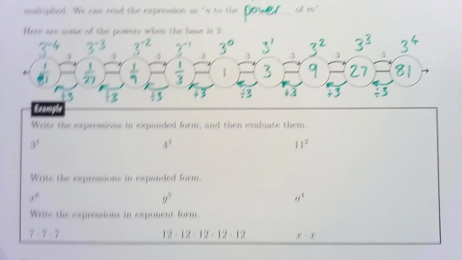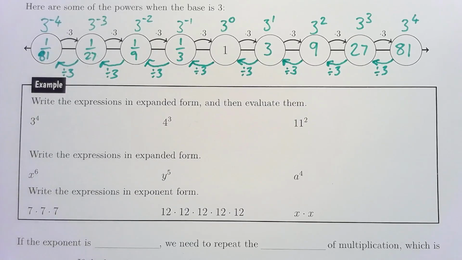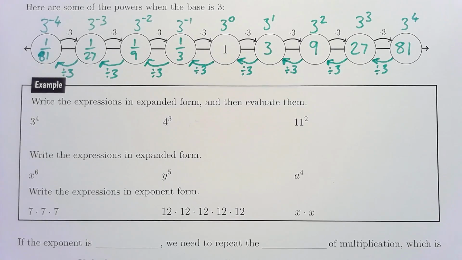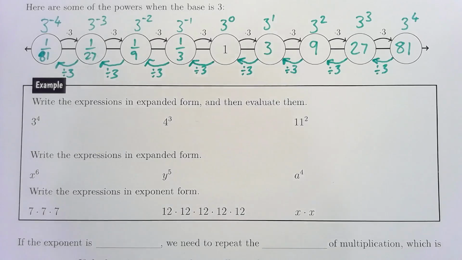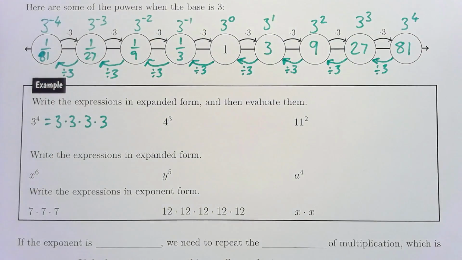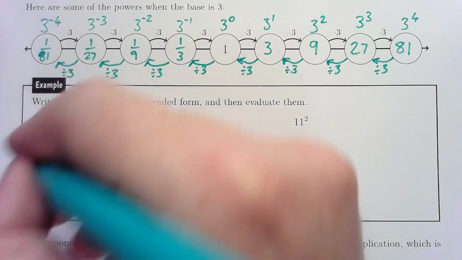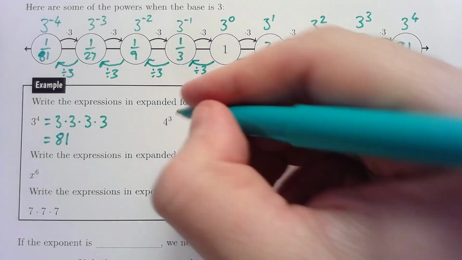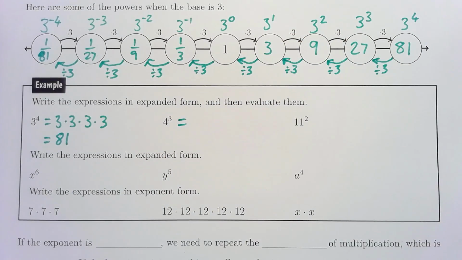Let's practice writing out some expressions using exponents and what we call expanded form, where we just write out all of the multiplications. So, 3 to the power of 4. That means we're multiplying 3 4 times, so it's 3 times 3 times 3 times 3, which we can see from our chart above is 81. 4 to the power of 3 on the other hand, and keep in mind it does matter which number is which when we have exponents.